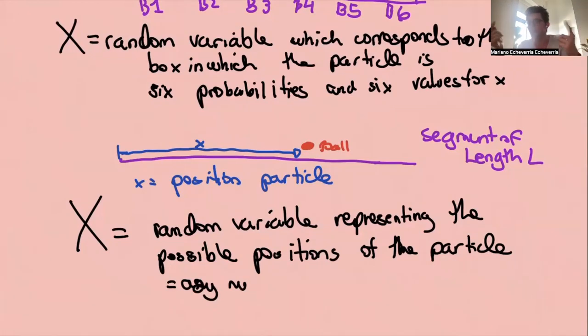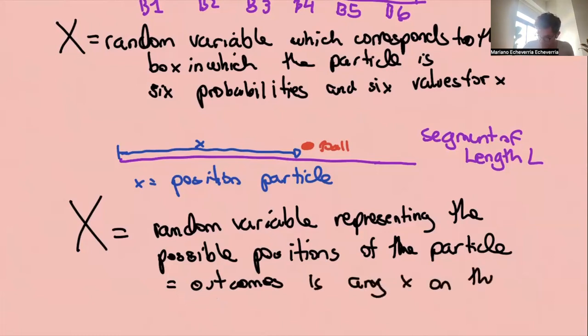You just have to use x itself, in lowercase. So the outcomes are any x on the interval [0, L]. Is that making sense? So far, so good. Any questions about this?